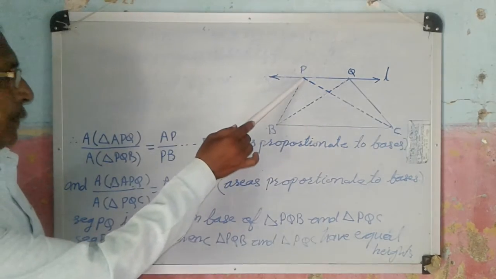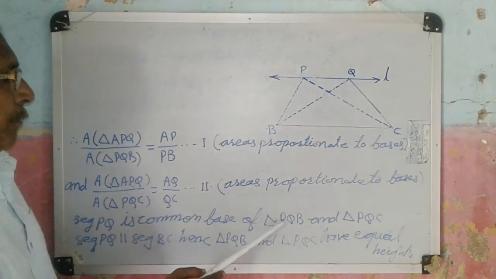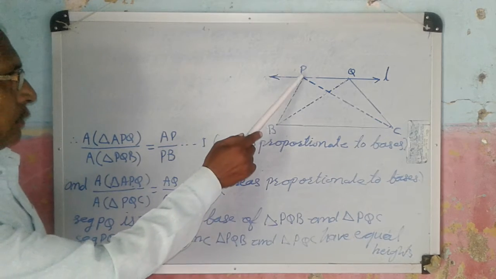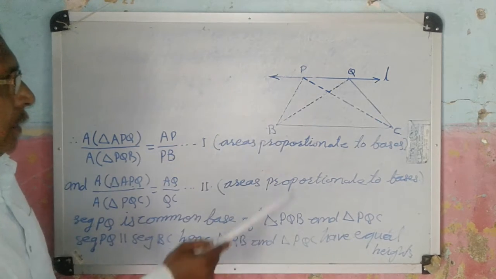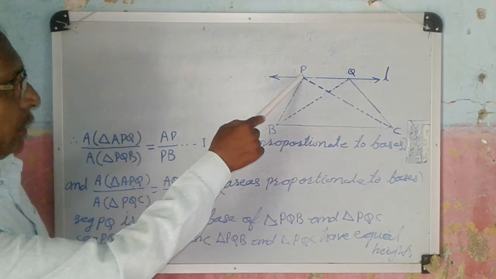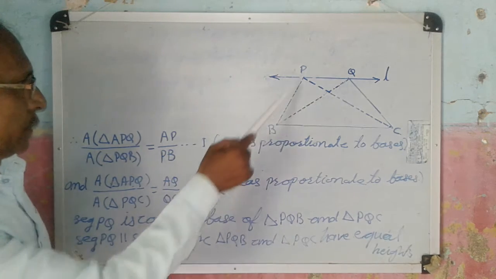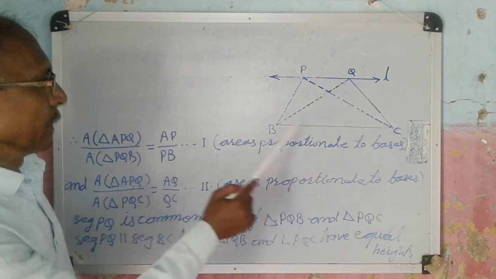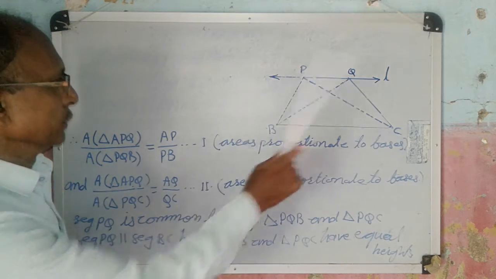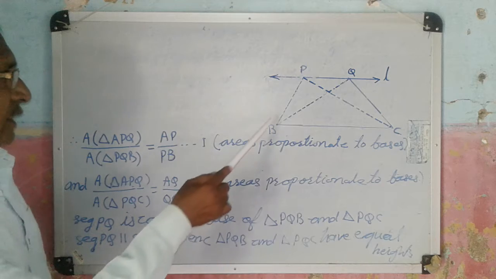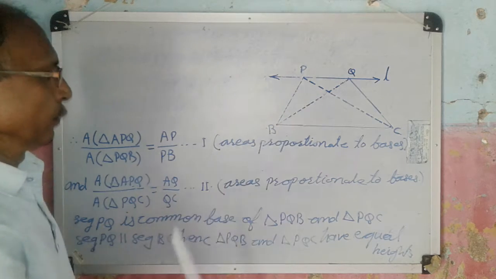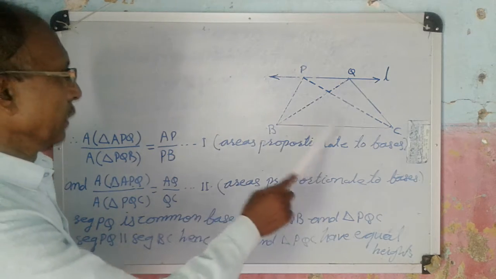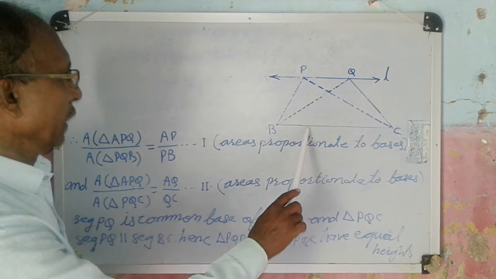Now consider only this part of triangle PQB, this triangle, and triangle PQC. See, both these triangles have common base PQ, and both the triangles are between parallel lines.